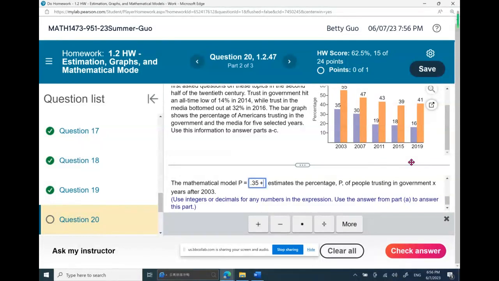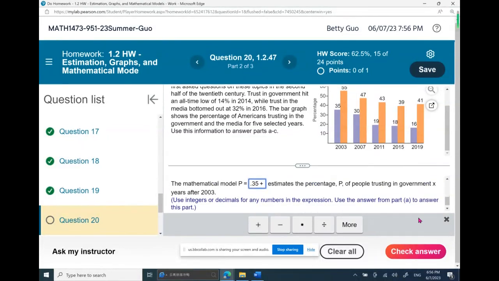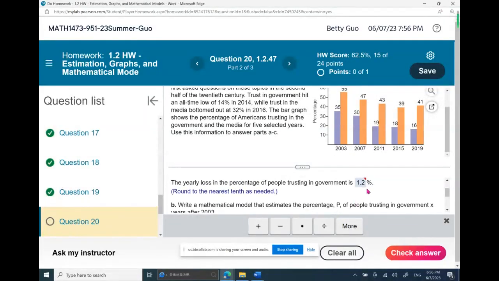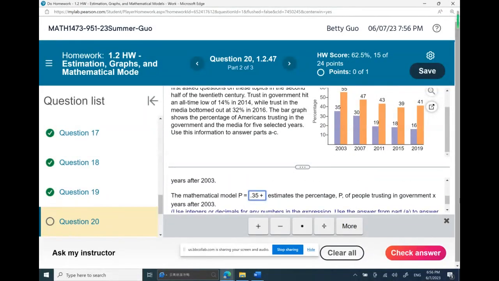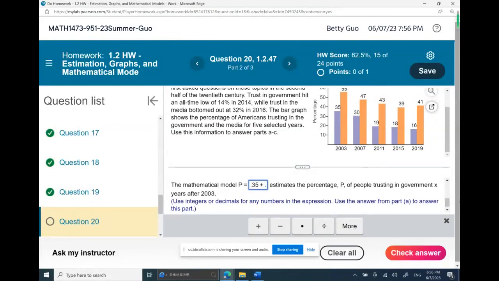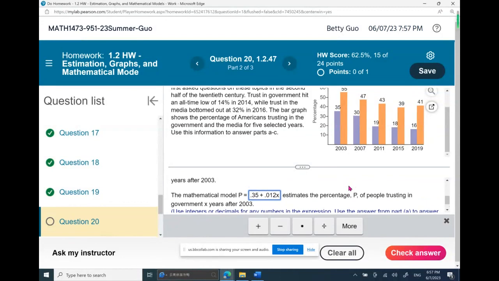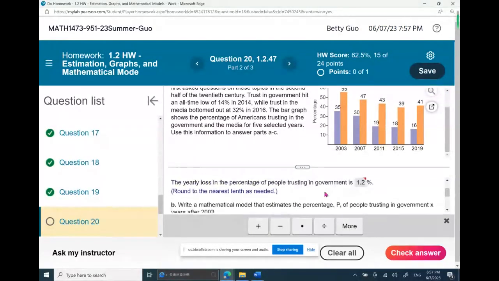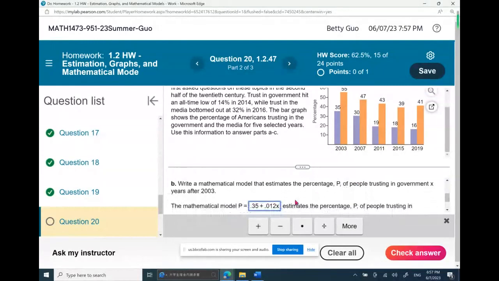Our rate is 1.2%, that is 0.012x. 1.2% plus 0.35. Use integers or decimals for any numbers in the expression. Use the answer from part A to answer this part. The answer from part A is the rate of change, the slope.